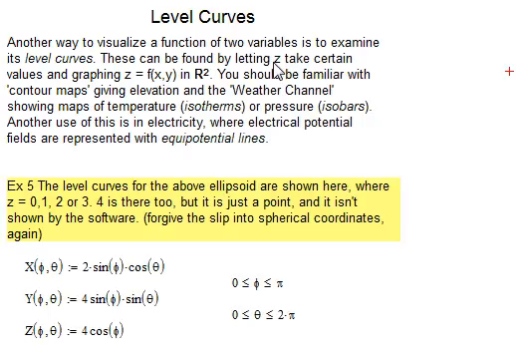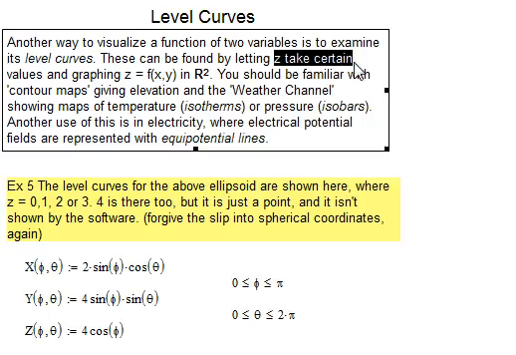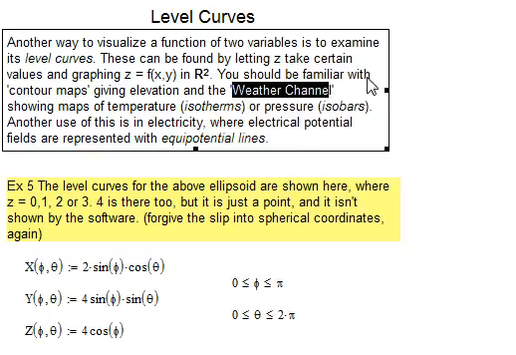These can be found by letting z take certain values and graphing z equals f of x y in R squared, not in R cubed. So you should be familiar with contour maps, giving elevation, and weather channel maps showing temperature and things like that.